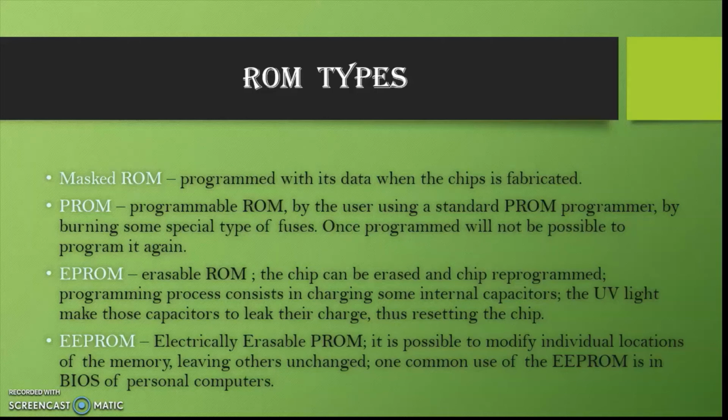UV light makes those capacitors leak their charge, thus resetting the chip. EEPROM: electrically erasable PROM. It is possible to modify individual locations of the memory, leaving others unchanged. One common use of the EEPROM is in the BIOS of a personal computer.